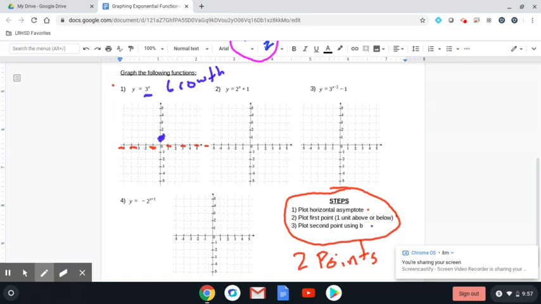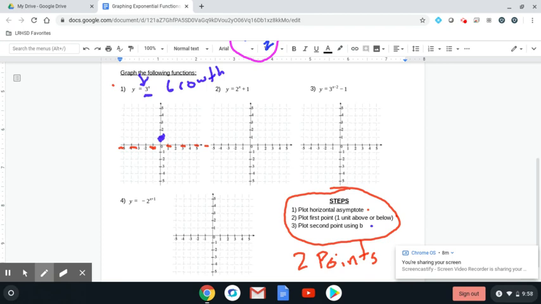Your third step is to plot your second point using B. I'm going to explain this slowly because usually this is where it gets a little weird. Your base number of 3 represents the distance from your horizontal asymptote to your second point.